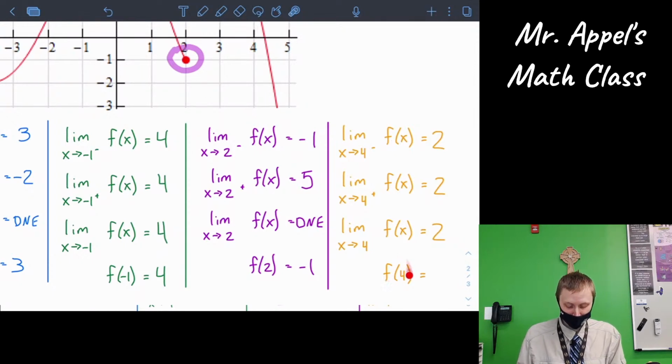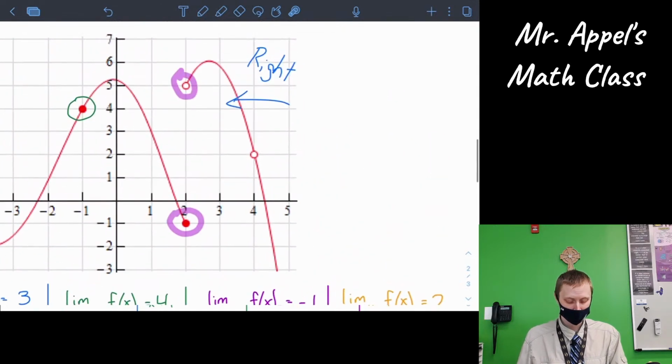And the function of 4, if I plug in 4 to the actual function, what do I get? It's not 2. Now the open circle matters. Okay?